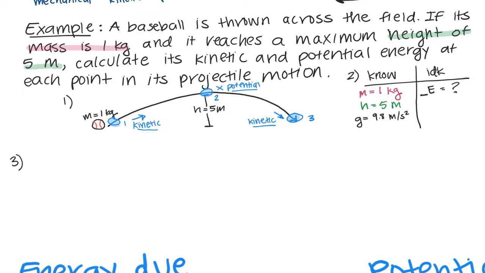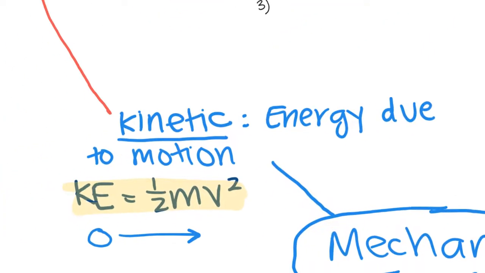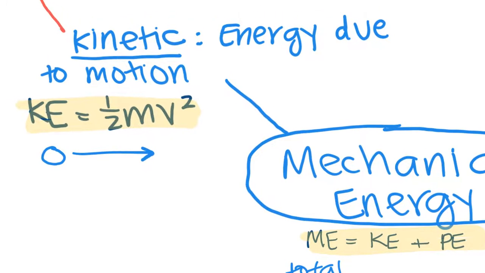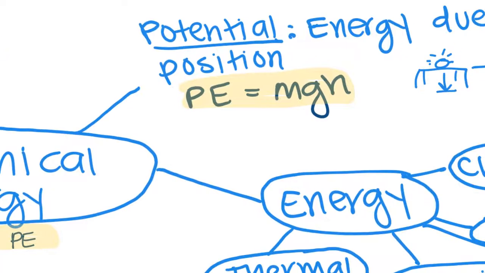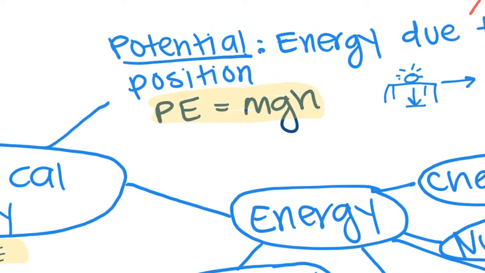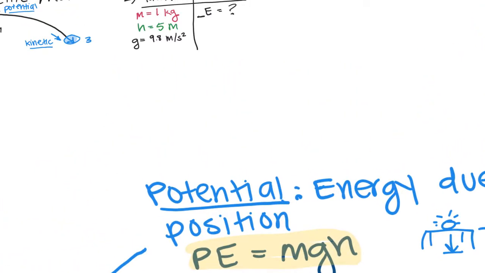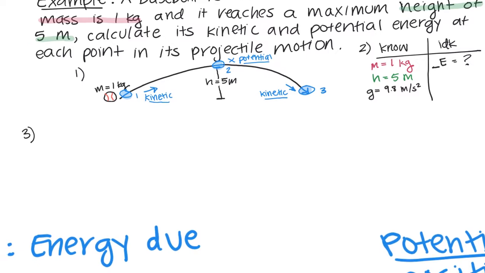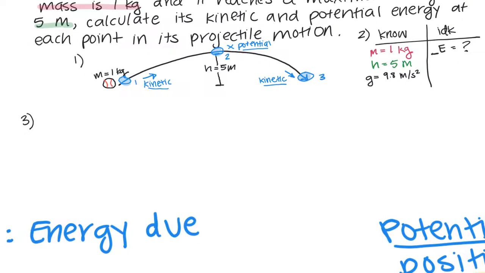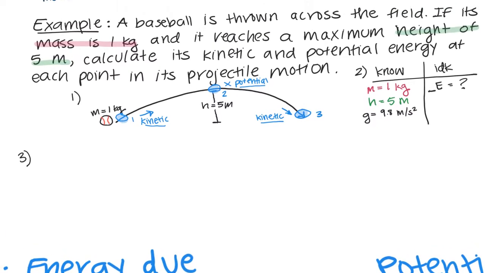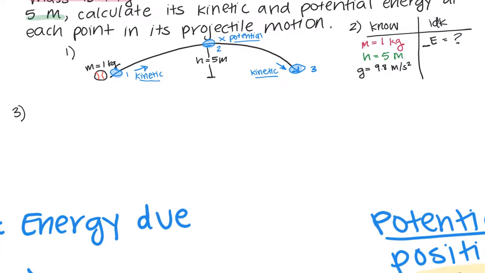If we go back down and look at some of our equations, we have our kinetic energy equation, which is 1/2 mass times velocity squared. And we have our potential energy equation, which is mass times the acceleration due to gravity times the height of the object. Given what we have written out here, we have a mass, we have a height, and we have gravity. The problem did not give us a velocity.